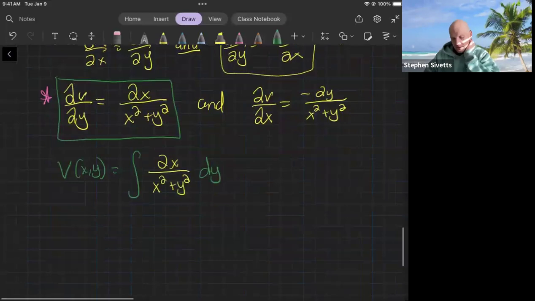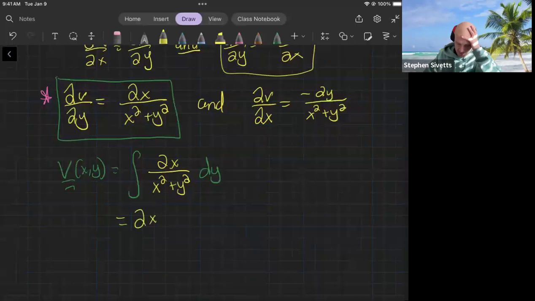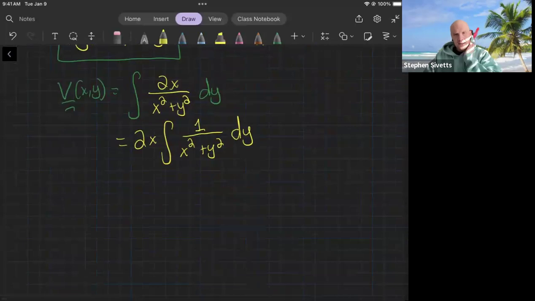Okay? So to get back v of x y, we would take the antiderivative of this quantity with respect to y. So we're going to treat the x variables as constants. So this would equal 2x times the integral of 1 divided by x squared plus y squared times dy.